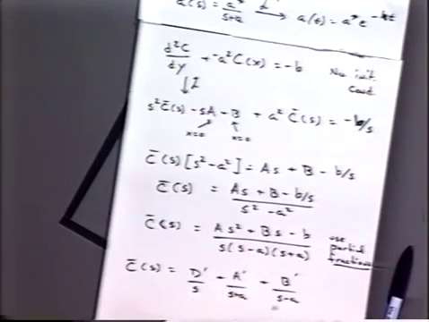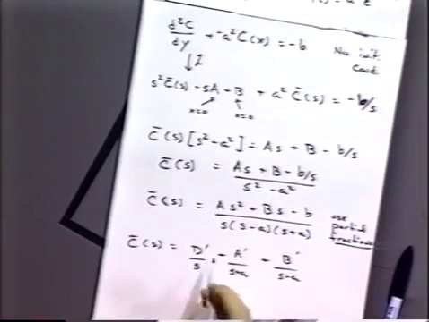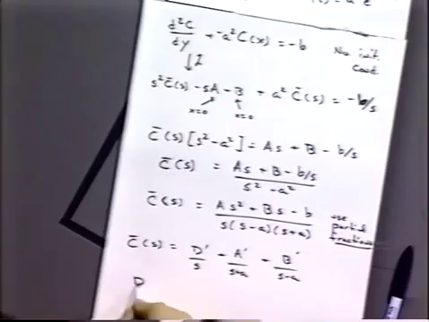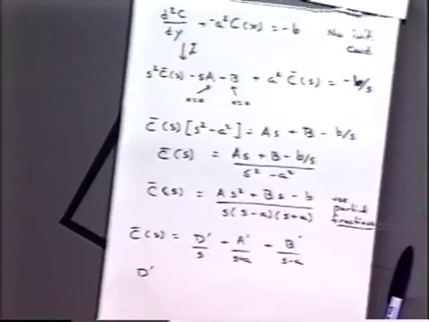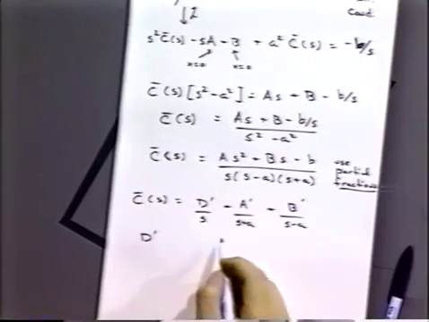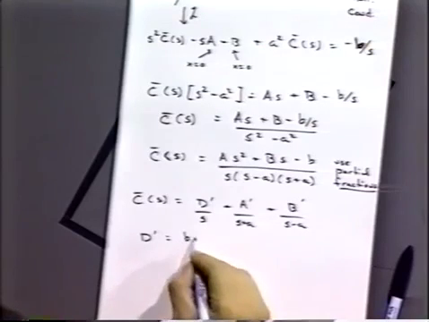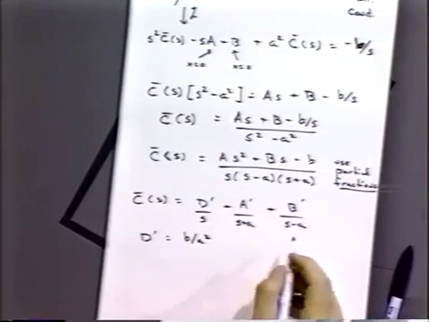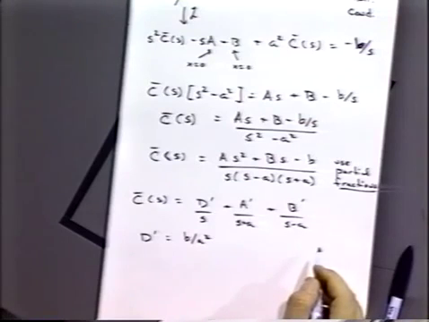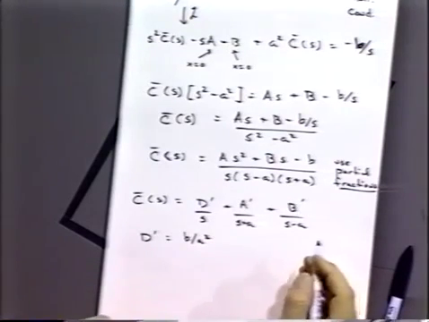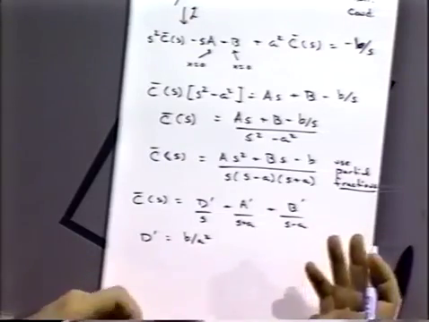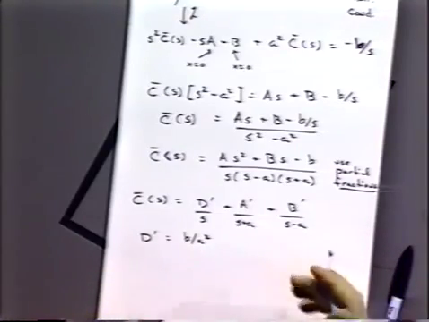Now, in order to get a factor here, which is the factor d prime, out of the system separately, in order to solve that, we can actually go ahead and multiply by s and then set s equal to 0. So d prime is equal to b over a squared for s is equal to 0. So in other words, d prime is the value of this function when s is equal to 0.